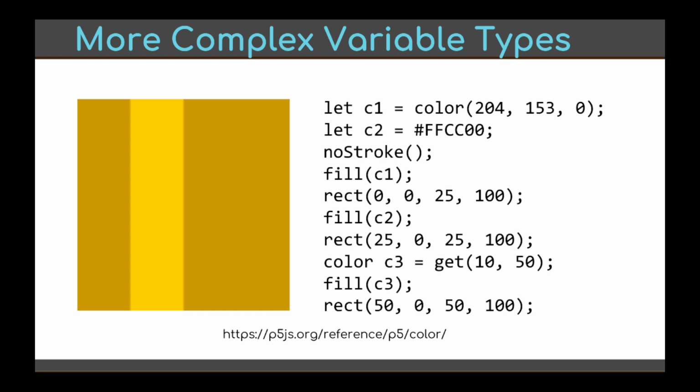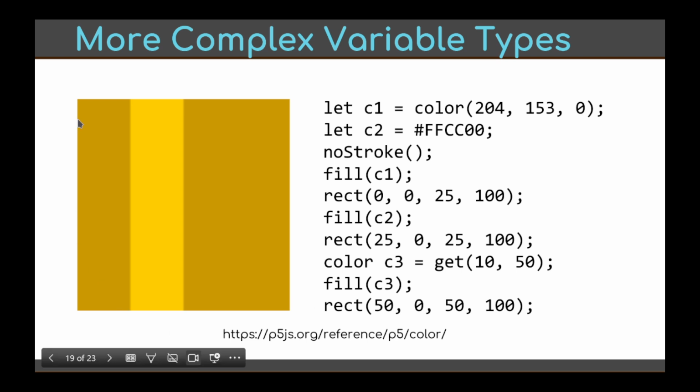Here's a little more complex of an example. We're going to let c1 equal color 204, 153, 0. And then we're going to let color 2 be a hexadecimal color, like an internet-based color of pound FFCC00 or hash FFCC00. We're going to turn off the stroke. We're going to set fill color to c1 and draw a rectangle at 0, 0, 25, 100.